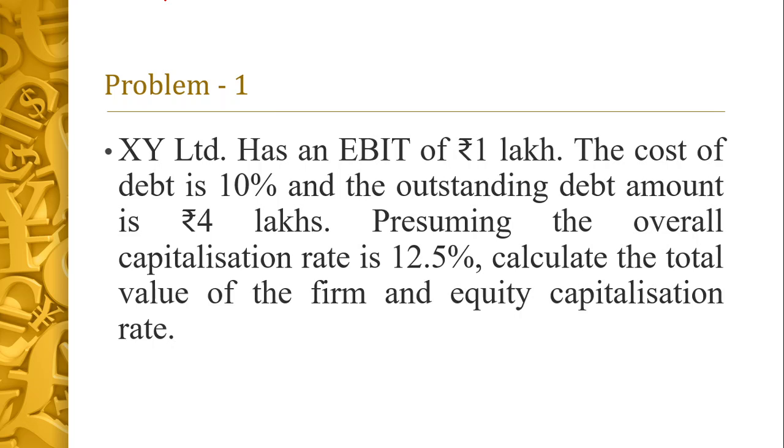Now, from which step will you start? Okay. Table showing valuation of firm under NOI approach, operating income approach. Here the difference is the way we calculate the value of the firm. The formula is different from that of the NI approach.